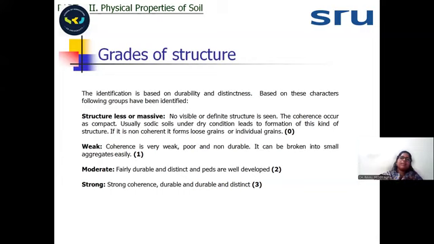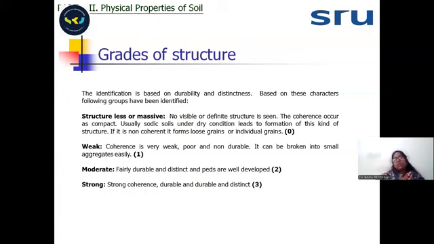If the structure is crumbly, the porosity will be more. Similarly, bulk density of platy structure is more compared to spheroidal structure. Then coming to water retention, water retention is more for spheroidal structure compared to platy and other structures. Like that, you need to write the importance of soil structure.